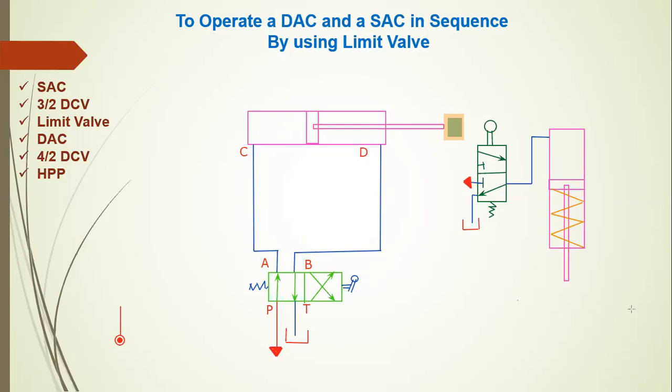This is the complete drawing for the sequence circuit to operate DAC and SAC in sequence. Give the names for all component parts. Here is a limiting valve. Limiting valve first.